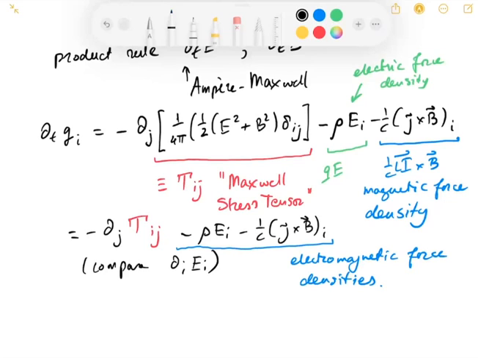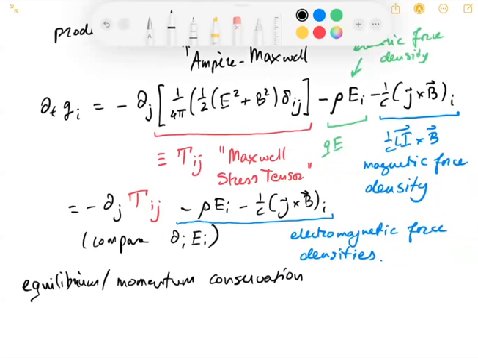So if we want equilibrium, or if we want momentum conservation, which seems reasonable, then this first term, the divergence of that stress tensor, must be equal to the thing that is underlined in blue.